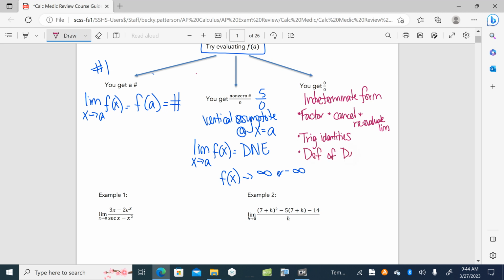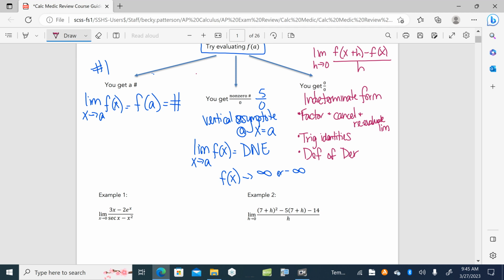The third method is using the definition of a derivative. And this is from before you knew what a derivative was. Right after we did limits, we talked about how the limit as h approaches 0 of f of x plus h minus f of x over h.